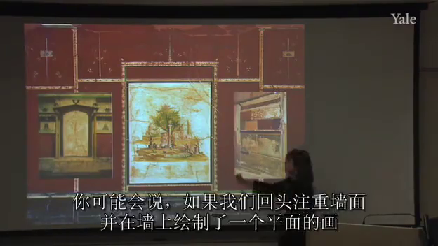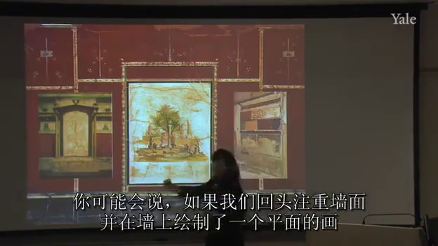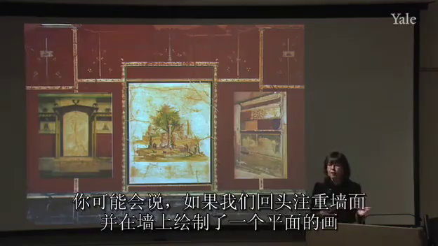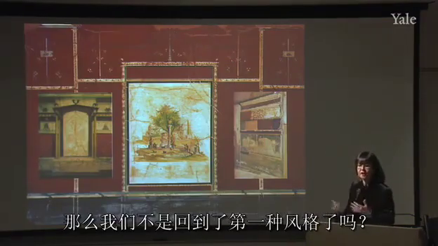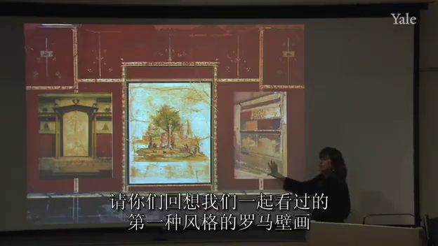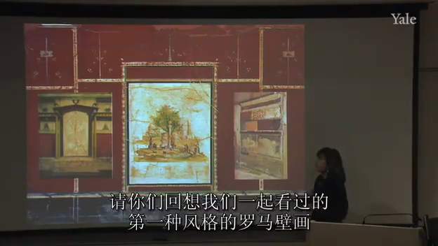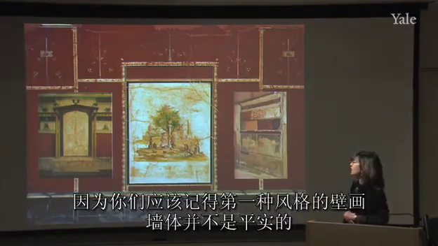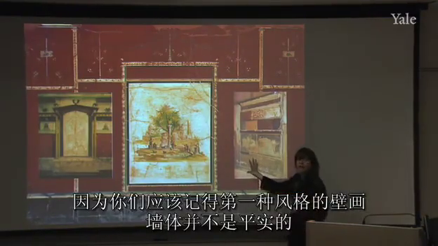Now you might say to me that if we're going back to respecting the wall and to having a painting that is fairly flat, what are we going back to the first style of Roman wall painting? And I remind you of one of the first style Roman wall paintings that we looked at together. But it really is very different from the first style as well, because in the first style, you'll remember, the wall was not actually flat.